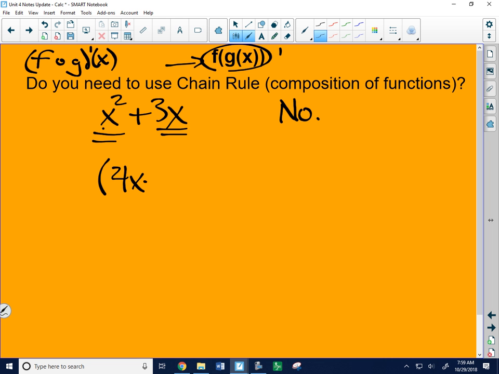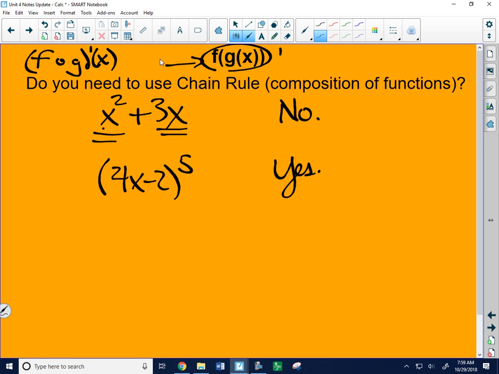That's 4x minus 2 to the fifth. Again, is there more than one function, a composition of functions? Yes, thumbs up, no, thumbs down. Kind of, yes. Okay, that's pretty good. Yes, there is.